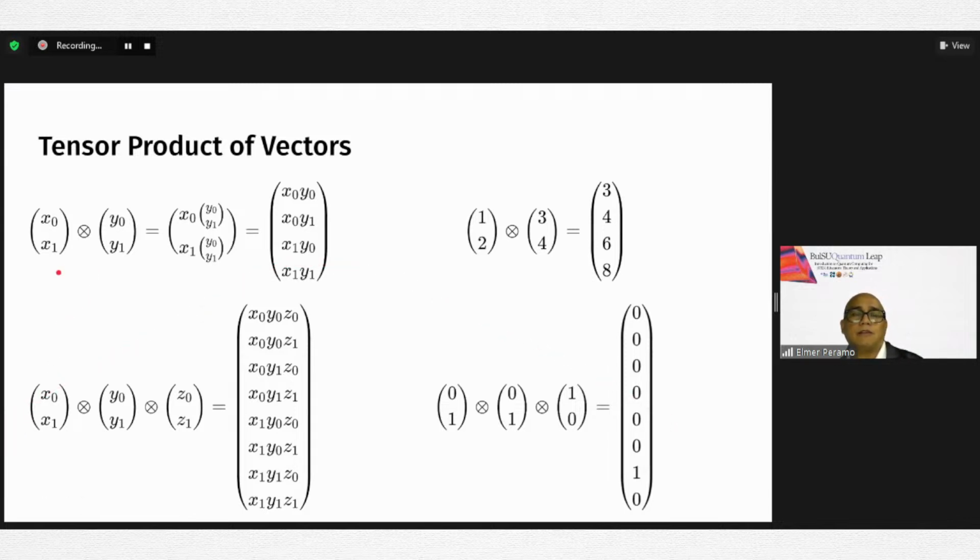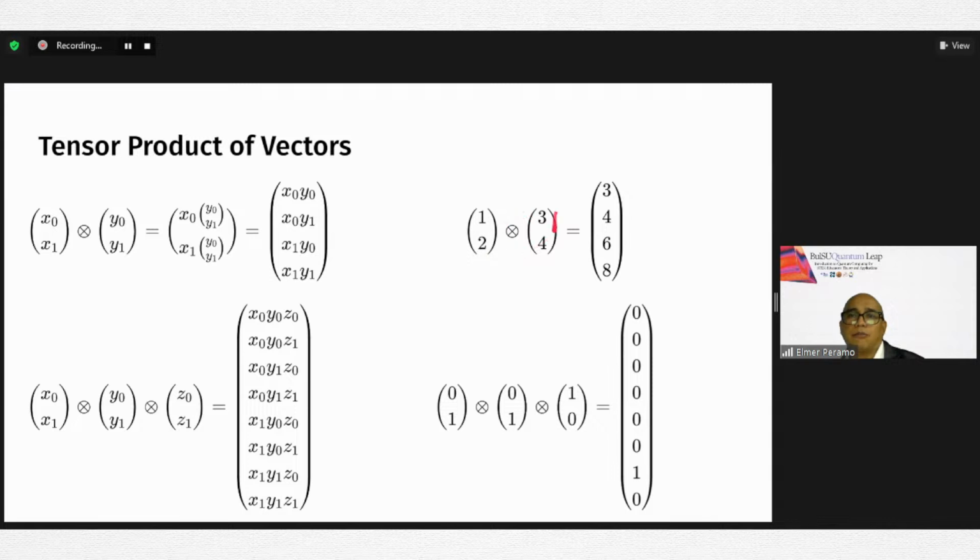For example, you have the vector here. This is called the tensor product, and this is the computation of the tensor product. So basically, you have here the first vector, and then you multiply each element with the second vector, and you'll be able to come up with this one. So in illustration, if you want to get the tensor product of 1, 2 and 3, 4, so this is from single qubits, and now this is a 2-qubit system.